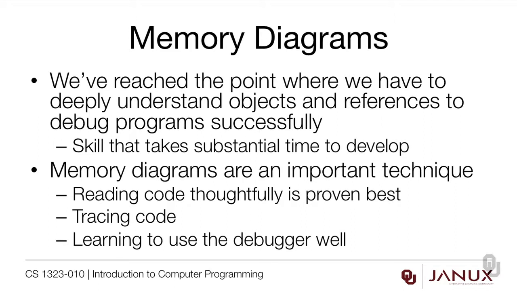That has been proven to be the best way to debug programs, believe it or not. Sometimes people get so involved in the debugger and things like that they forget that carefully, strategically reading code is what's important. Tracing code, seeing what's in each variable at each time, I didn't demonstrate it this time, but we've done it in other programs, is another good technique.